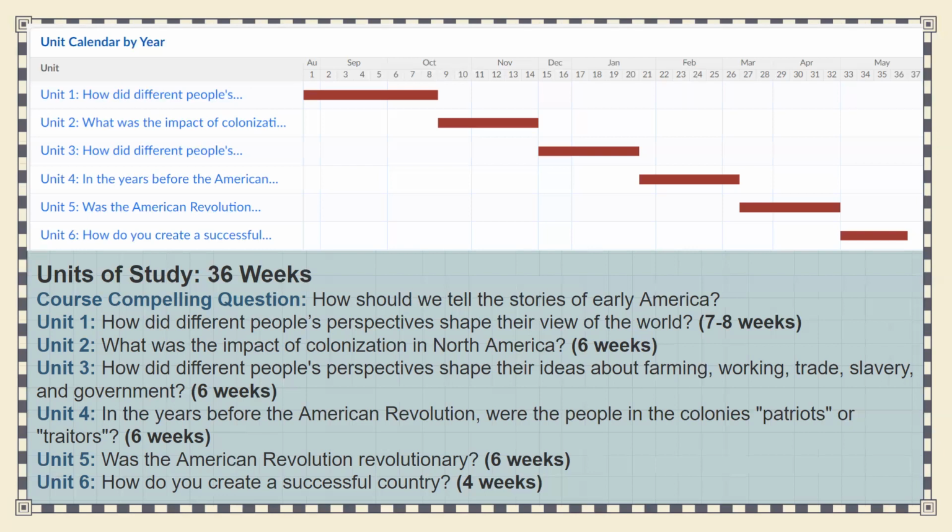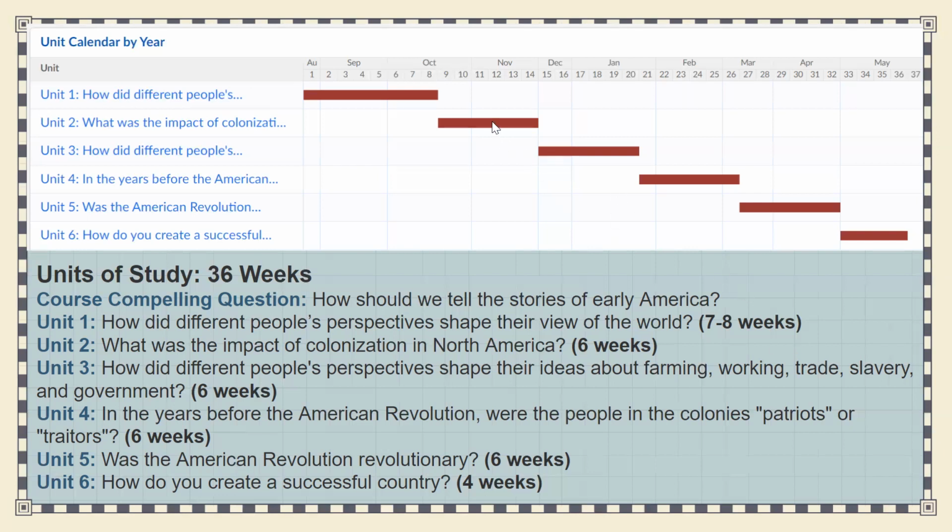Unit 3, how did different people's perspectives shape their ideas about farming, working, trade, slavery, and government? In Unit 4, it's taking a look at the years before the outbreak of the American Revolution, and the kids are investigating whether the people in the colonies were patriots or traitors. In Unit 5, the question is, was the American Revolution revolutionary? And students track that throughout the unit. And finally, Unit 6, how do you create a successful country?